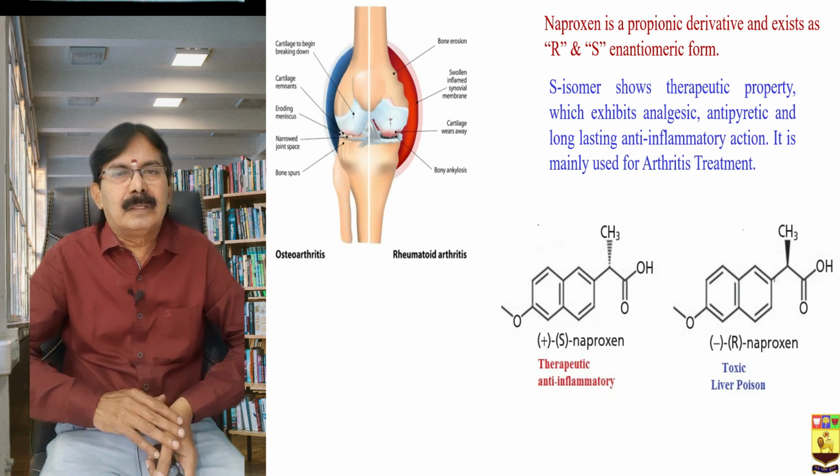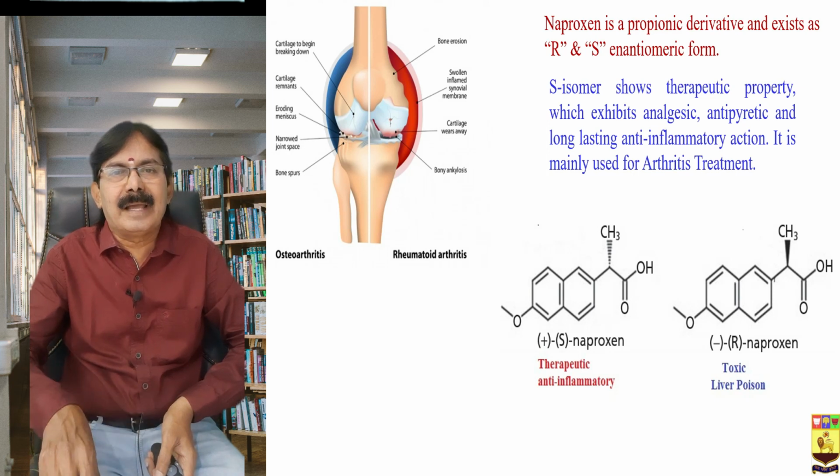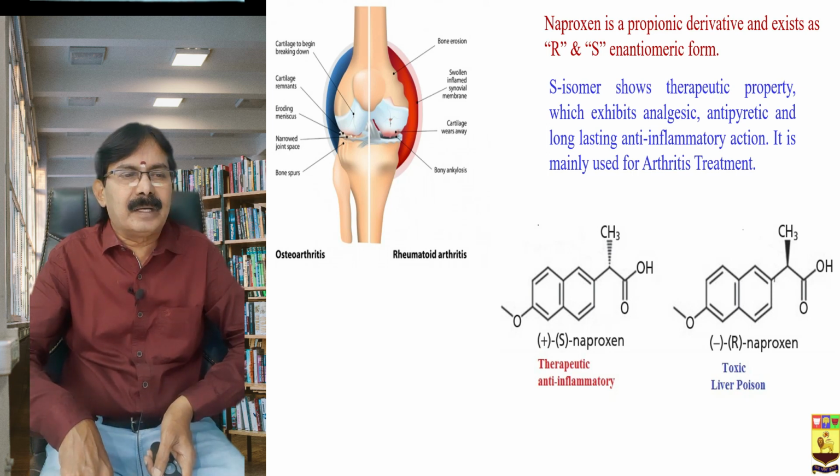So this is a rheumatoid arthritis condition where the joint fluid is removed, and because of that there is damage in the joint. There is a lot of pain because of the rheumatoid arthritis, and to relieve that pain, the S isomer of naproxen is used.